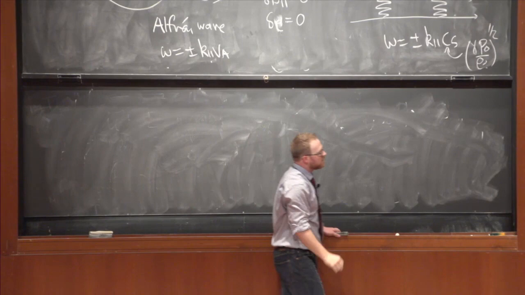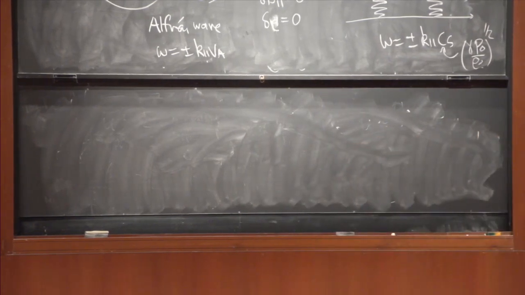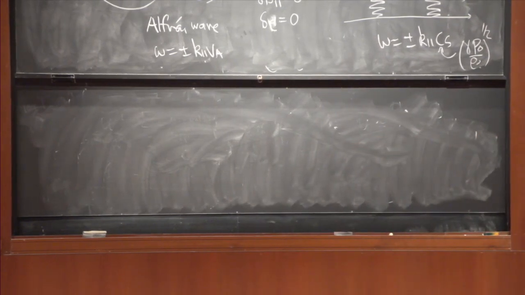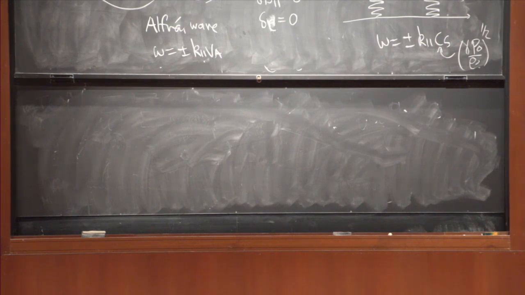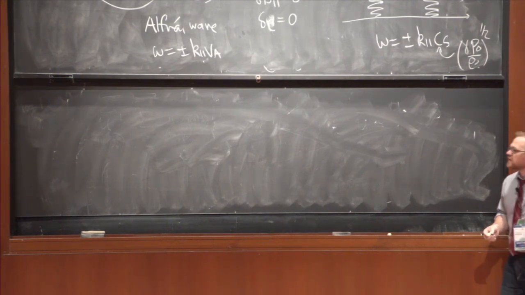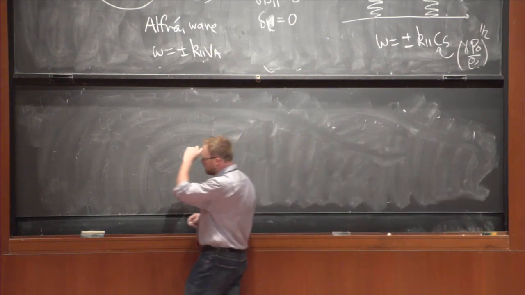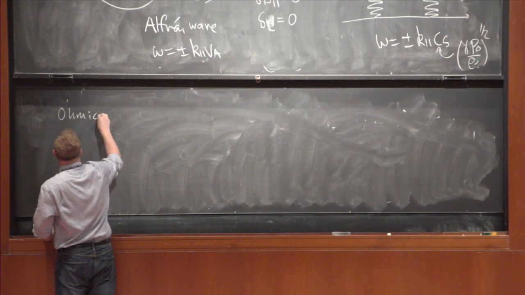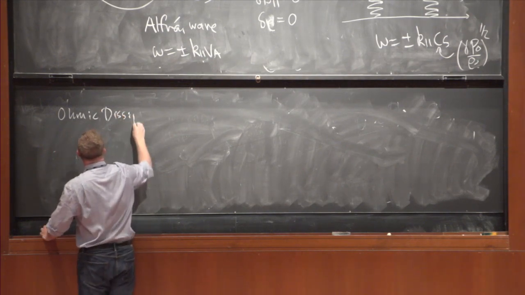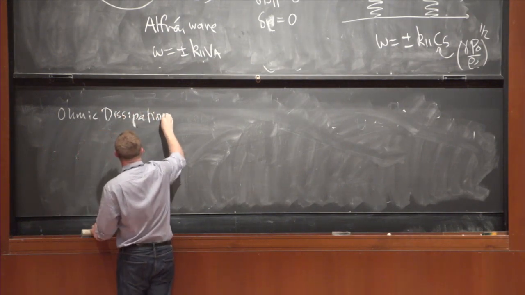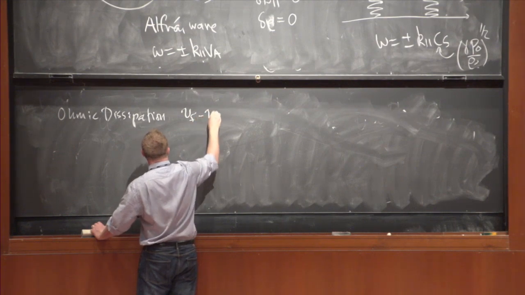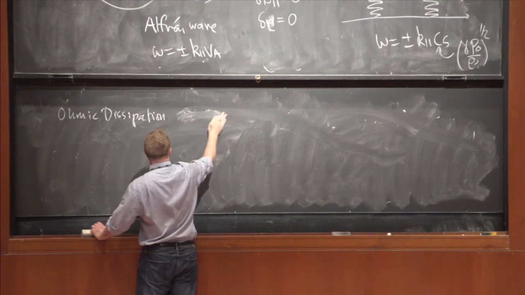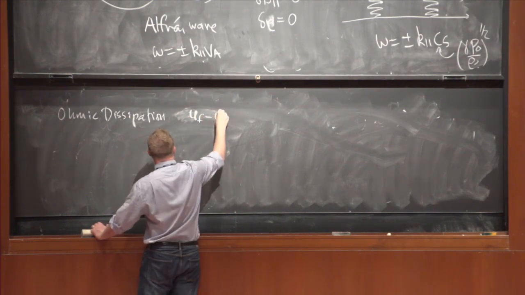Now you've actually got to figure out how much does the ion velocity differ from the neutrals? How much does the ion velocity differ from the electrons? How much does the electron velocity differ from the field lines? And this brings in 3 topics. So ohmic dissipation, which is kind of related to that term.